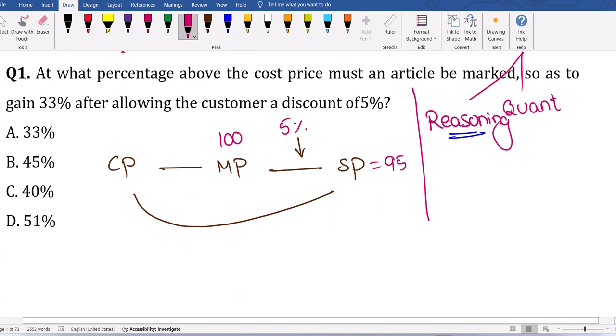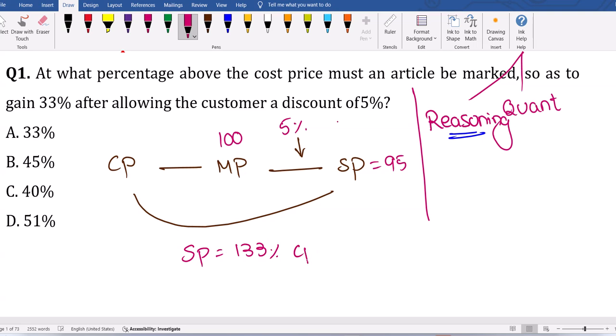With that, selling price must be equal to 133% of cost price. So 95 equals cost price into 133 divided by 100. Cost price is nothing but 9,500 divided by 133.